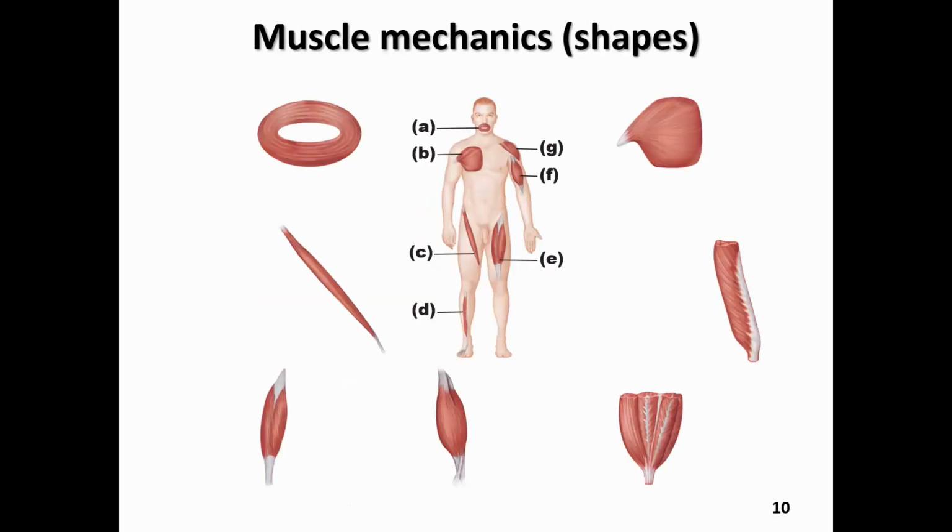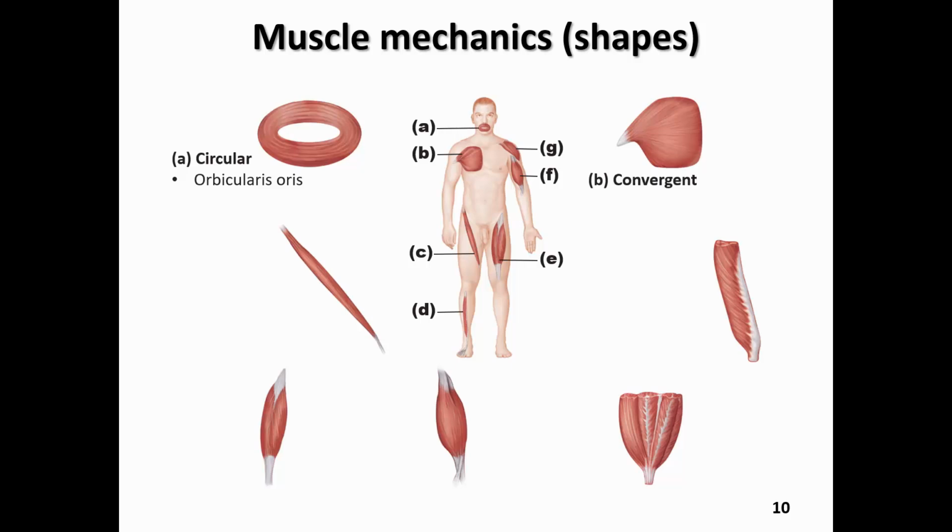Just one more coverage here of the different shapes of muscles, and the shapes of the muscles will often dictate the mechanics of that muscle. And so we see here that we have some muscle located in the oral region, the facial region, where the orbicularis oris is skeletal muscle that is circular in shape, and when this muscle contracts, it will close the oral cavity.